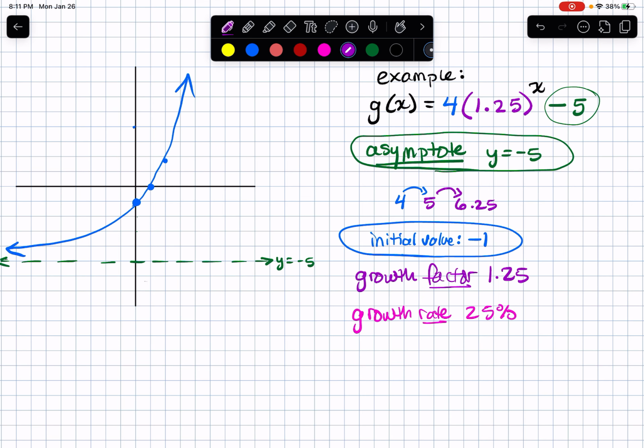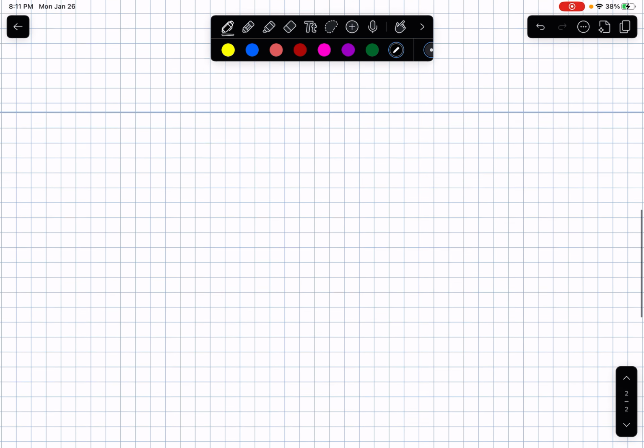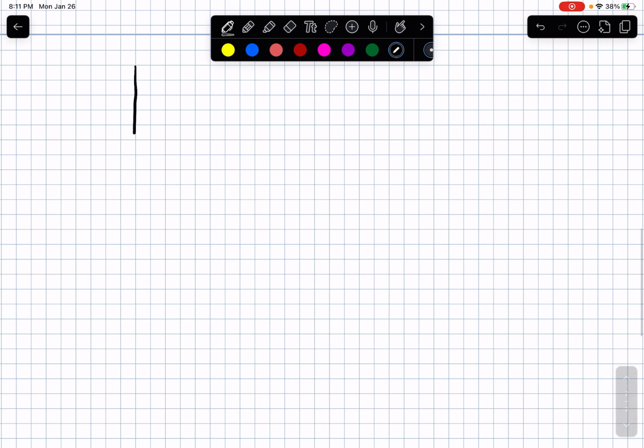So let's do one more with decay, and then you should feel ready to try your problem set. So let's say we have a decay function.